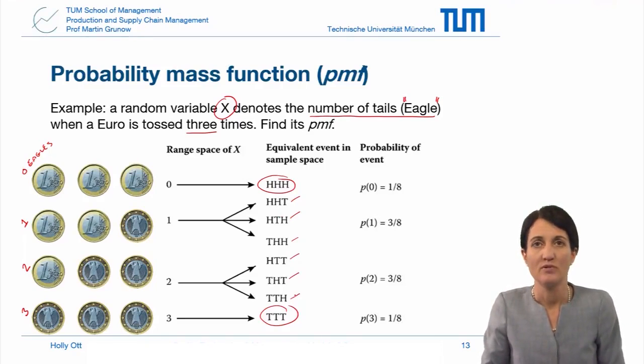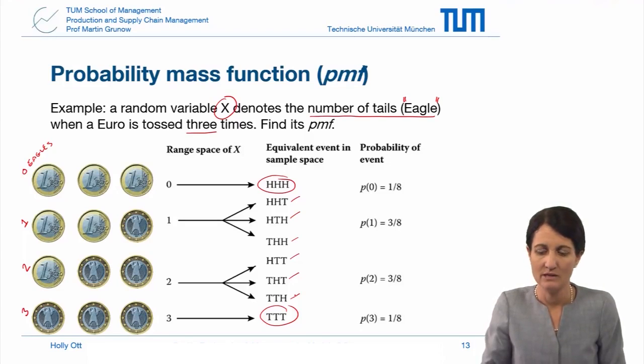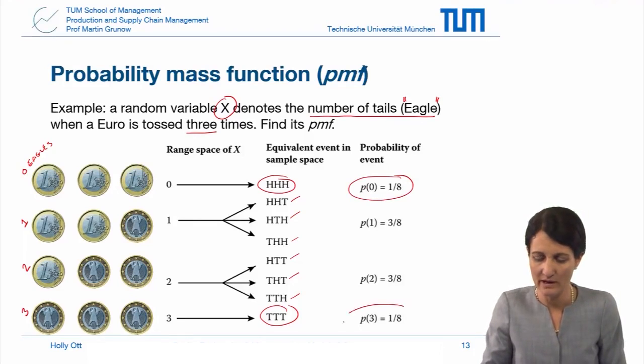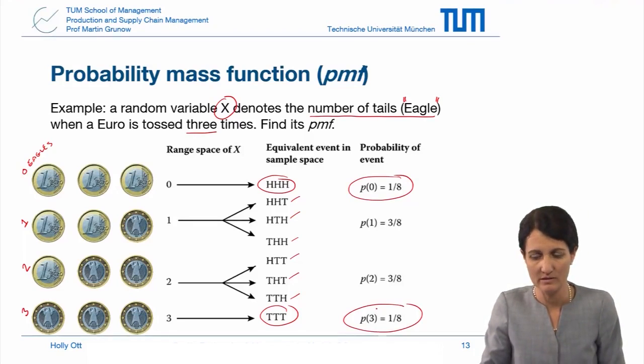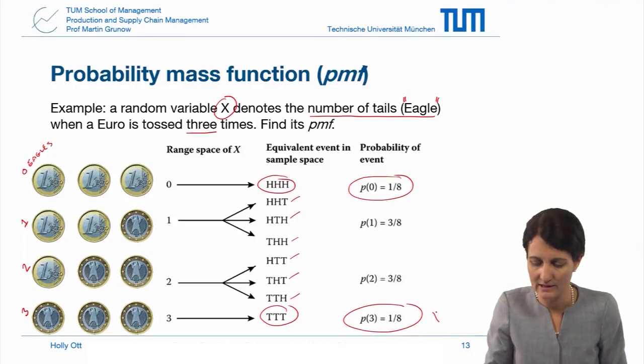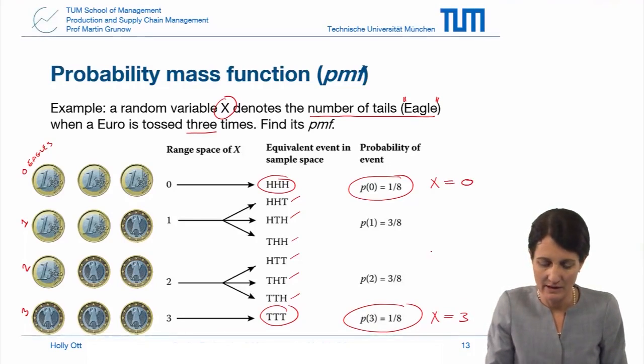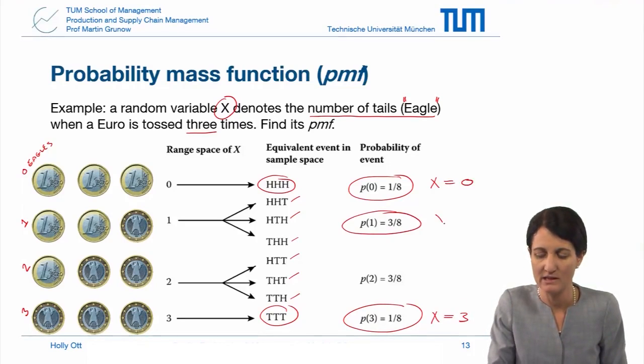So the probability of the 8 events is going to be 1 out of 8 that we get all heads, 1 out of 8 that we get all tails. So 1 out of 8 that X equals 3, and 1 out of 8 that X equals 0. And likewise, you have 3 chances to get X equal to 1, and 3 chances to get X equal to 2.